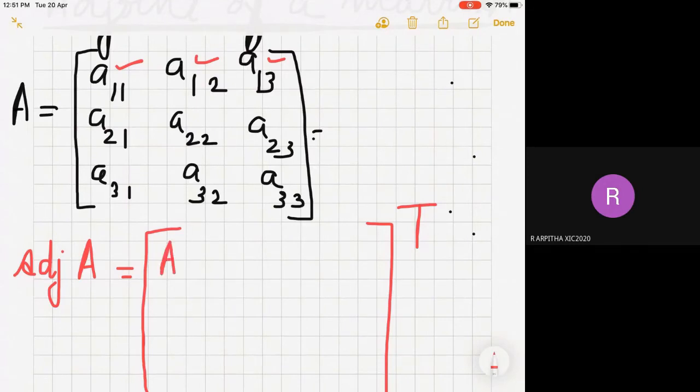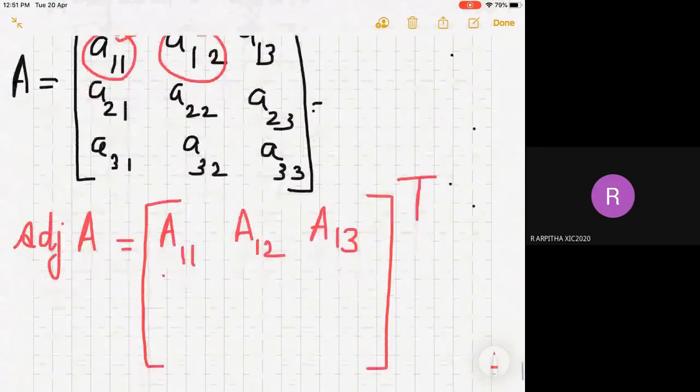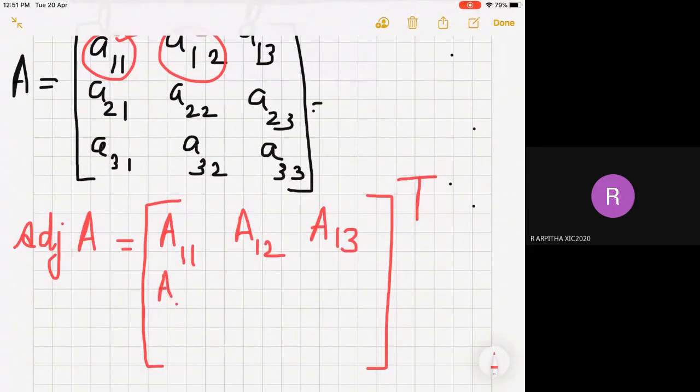That means instead of A11, I write the cofactor of A11. Instead of A12, I write the cofactor of A12, which is denoted by capital A12. So every element you replace by its own cofactor. So you'll be getting a matrix like this.